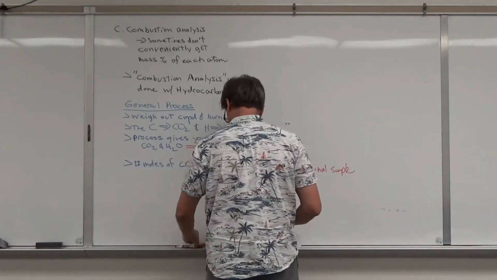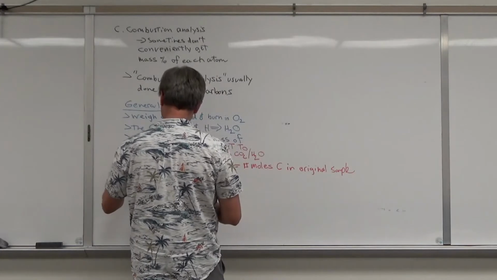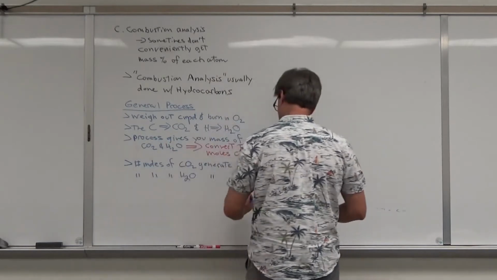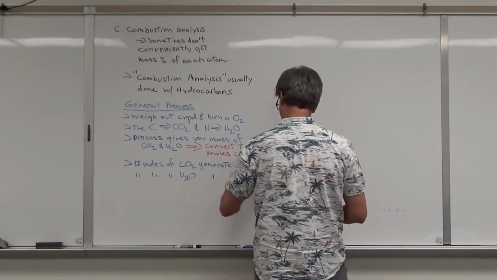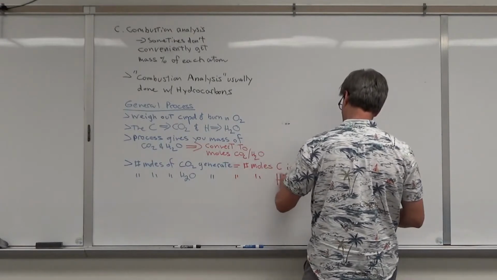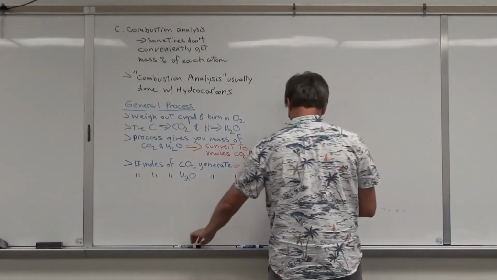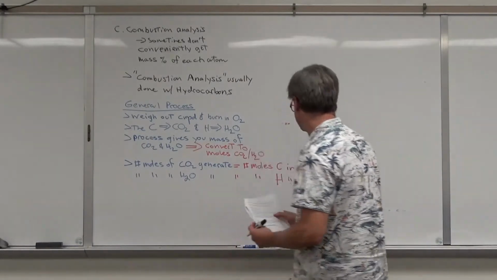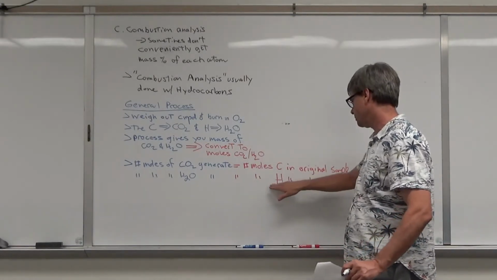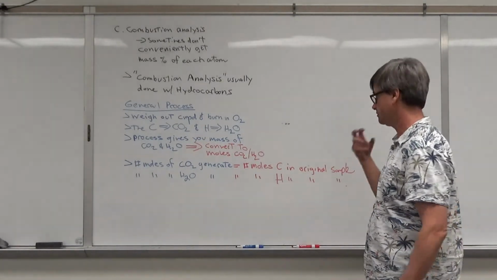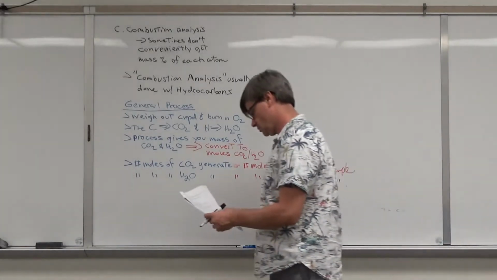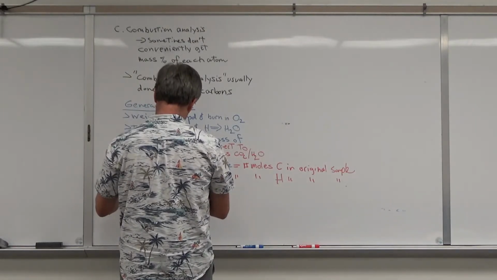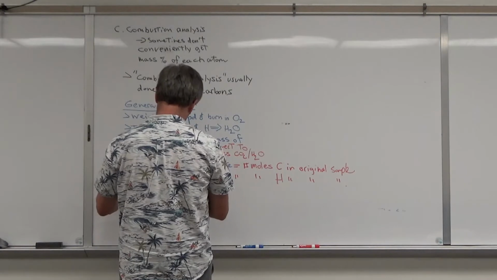And same for H2O generated. It's the number of moles of H in the original sample. If you know the number of moles of carbon in the original sample and the number of moles of hydrogen in the original sample, you can figure out the mass in the original sample, by using the molar mass.